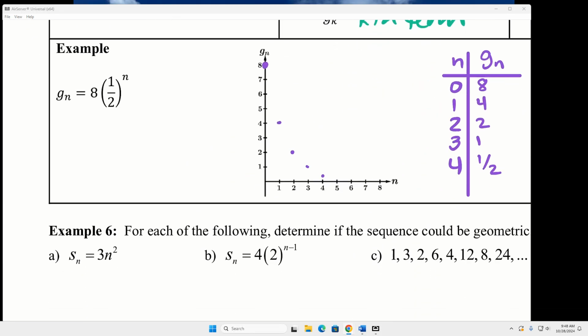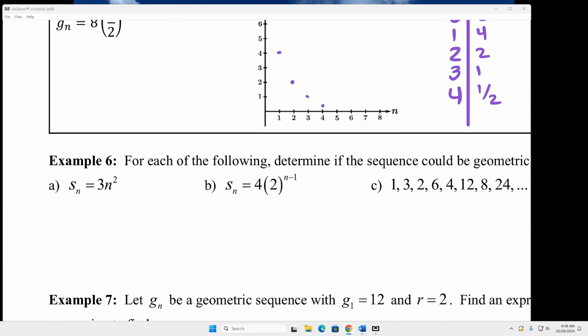Does it look like either one of those? Does A look like either one of those? No. So it's just going to be no. All right, what about B? Definitely looks like the second one. What would R be? Yep. Whatever is being raised to the n power is going to be R.